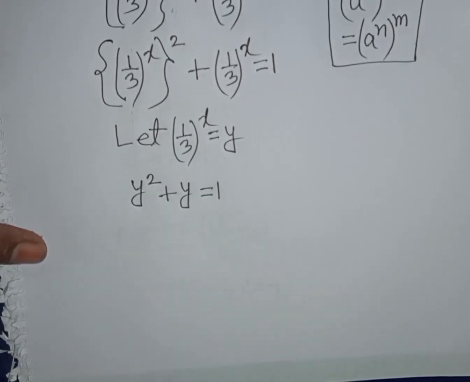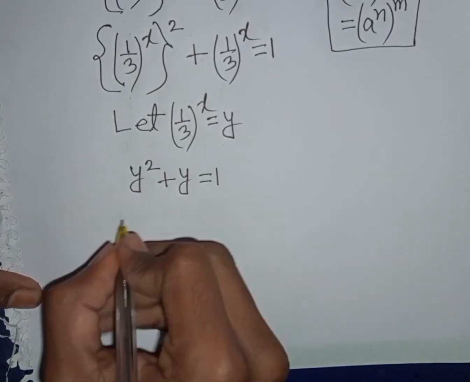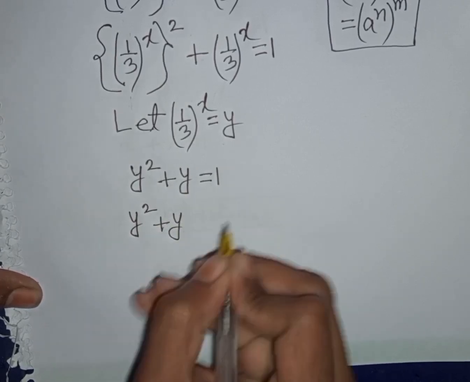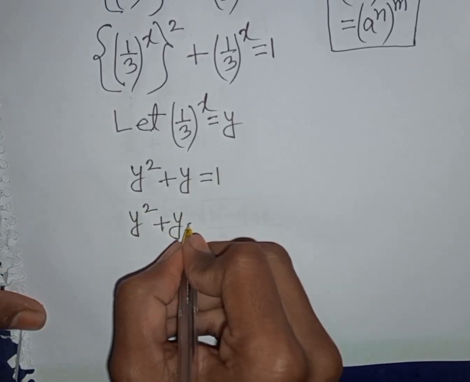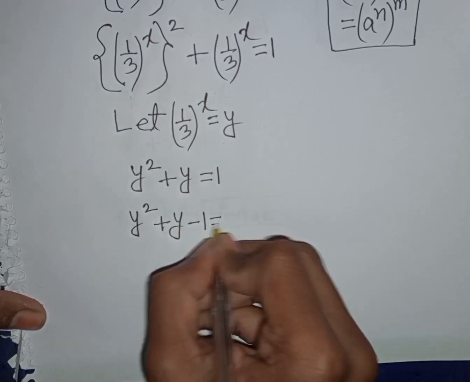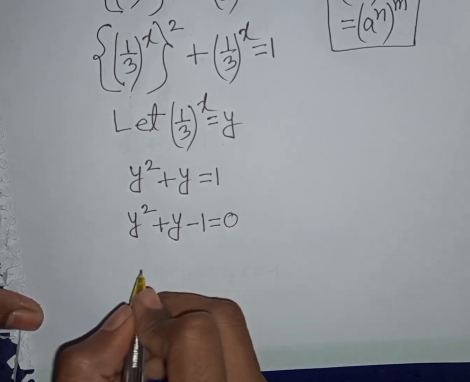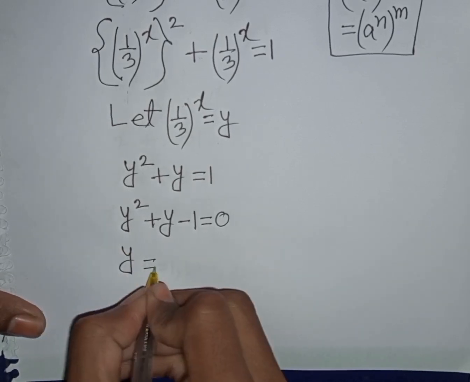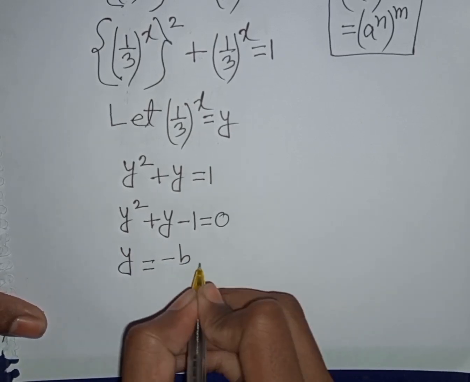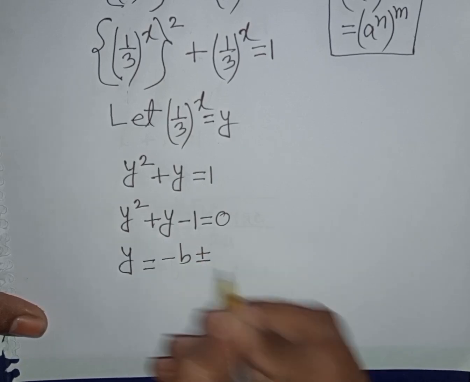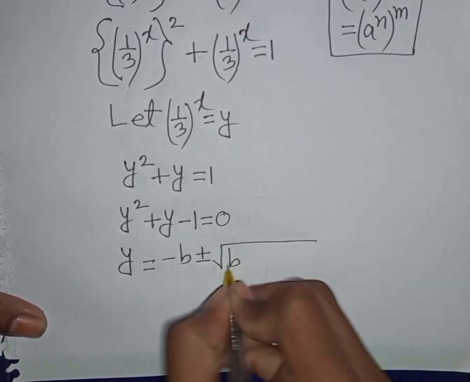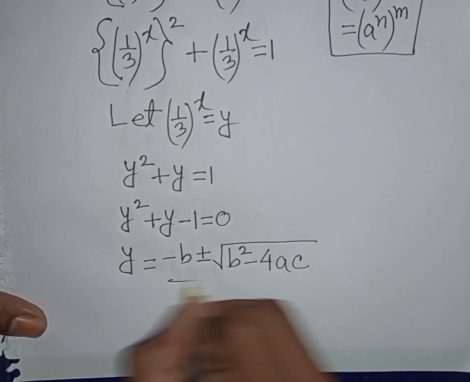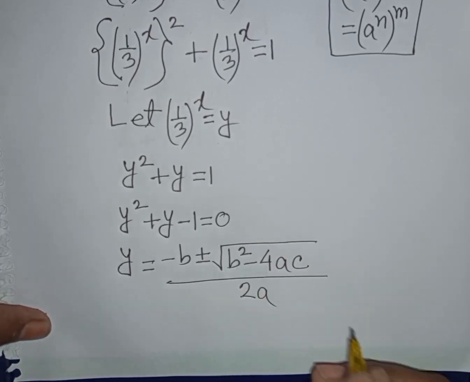Now we can write y^2 + y, then this plus 1 taken to the left side becomes minus 1, equal to 0. Now I can apply the quadratic formula: y = (-b ± sqrt(b^2 - 4ac)) / 2a.